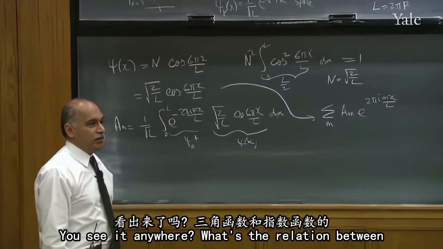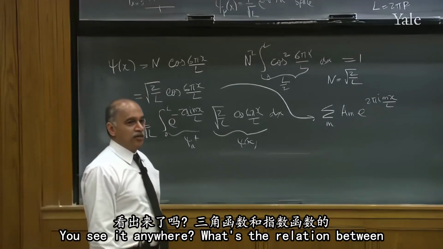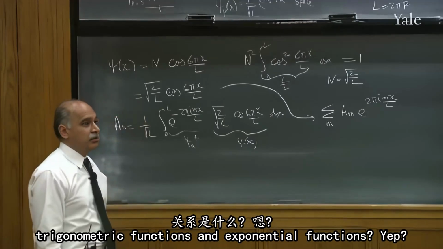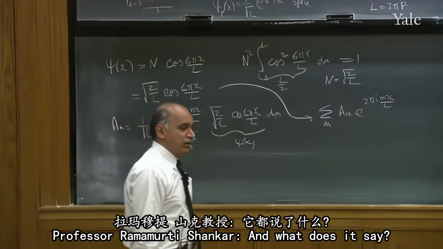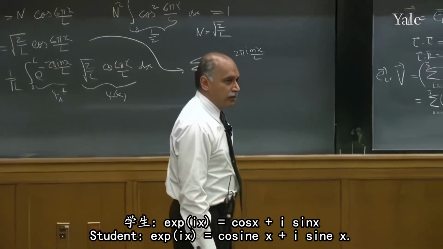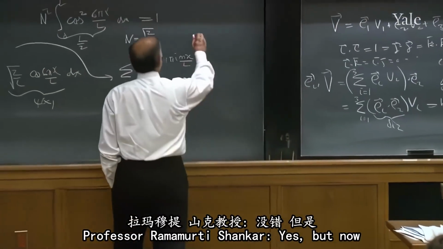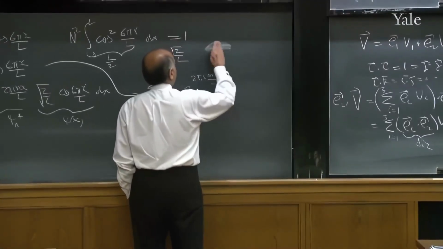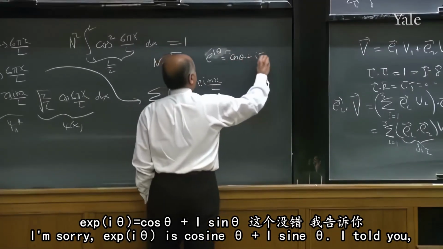You see it anywhere? What's the relation between trigonometric functions and exponential functions? Yep. Euler's formula? And what does it say? e to the ix equals cosine x plus i sin x. Yes. But now I want to go the other way. It is certainly true that e to the i theta is cosine theta plus i sin theta.